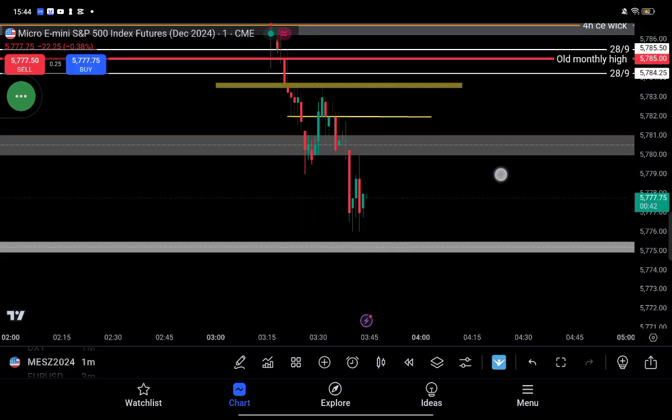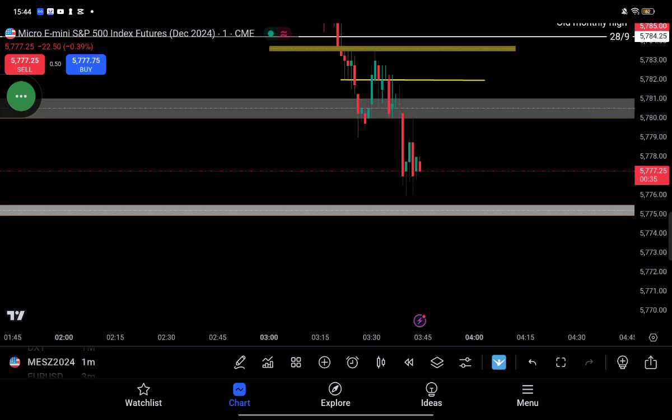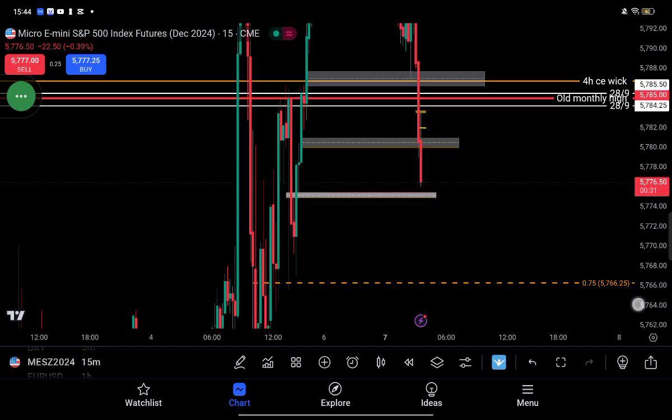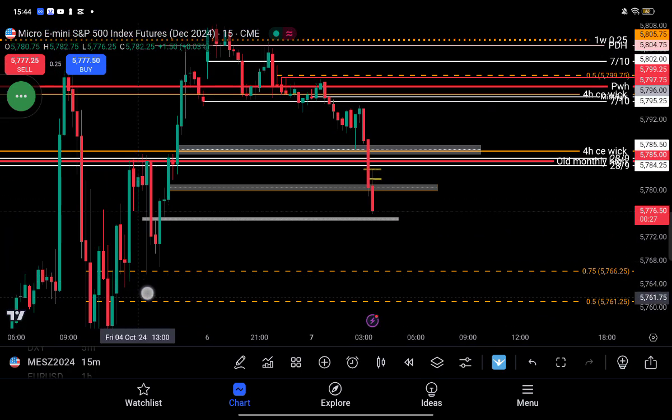In 1 minute we can see that we actually filled up this CB already. So this is the order block. Let's look at the 15-minute chart. To the downside, where is the sell side? Sell side is here.